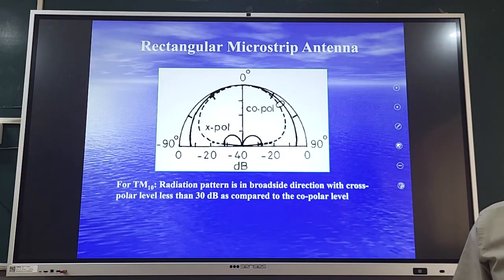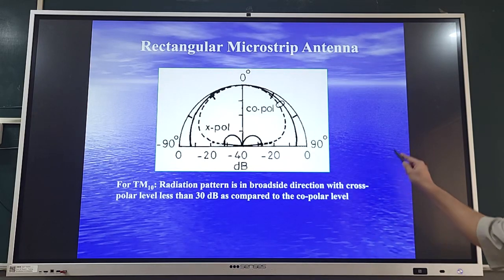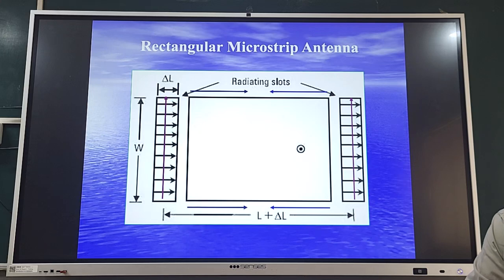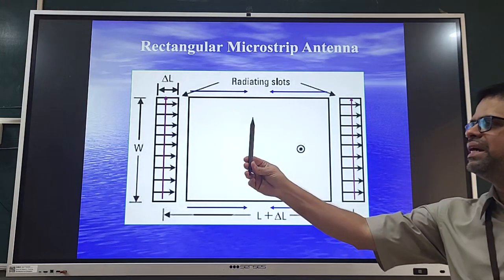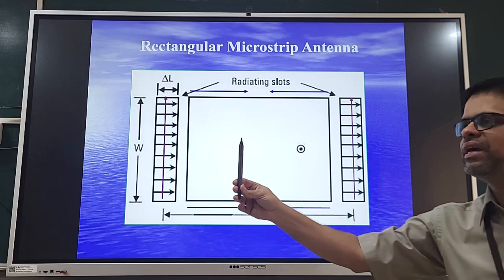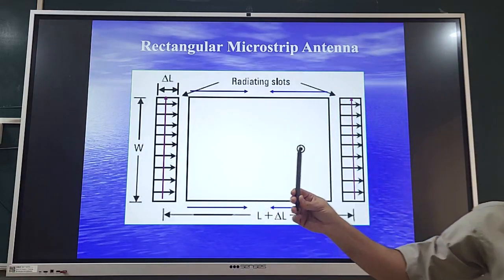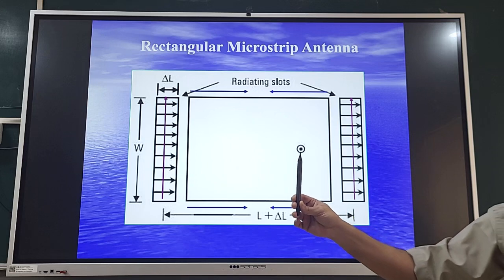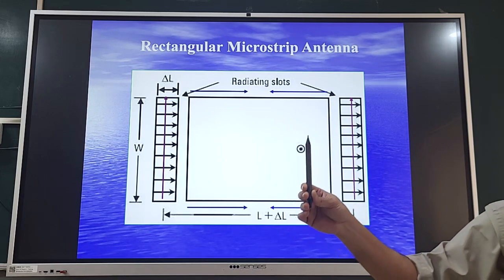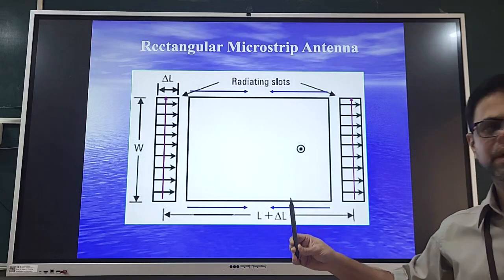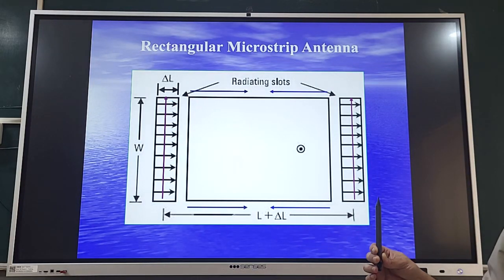Now I will just introduce the concept of cross polar. Remember, this is my E plane of radiation. Now just imagine you have a vertical dipole placed as a receiver, and onto that vertical dipole, a vertical polarization wave is incident. What will happen? Received signal is always a dot product of the antenna polarization and the polarization of the incoming wave.